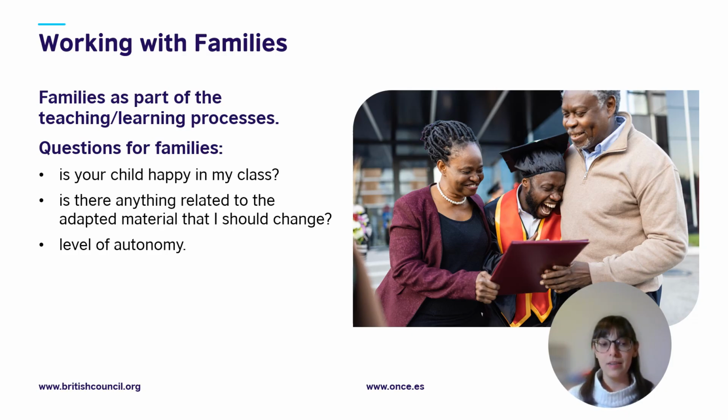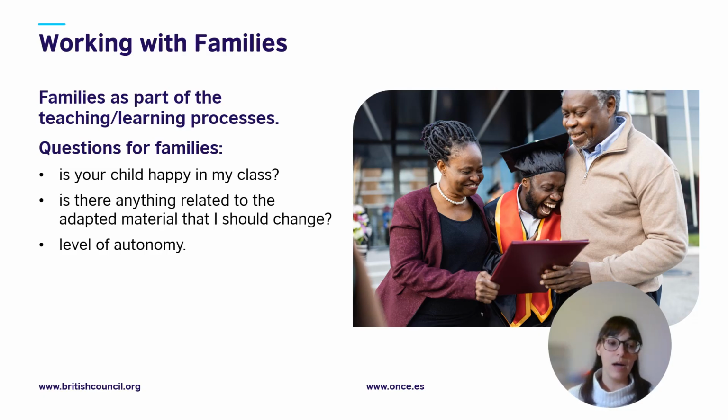But there is an even more important question in this case, which is the level of autonomy. Okay, so when we work with visually impaired students, we're going to see that the autonomy in asking questions, in movements, in orientating themselves might not be connected to the age they are.